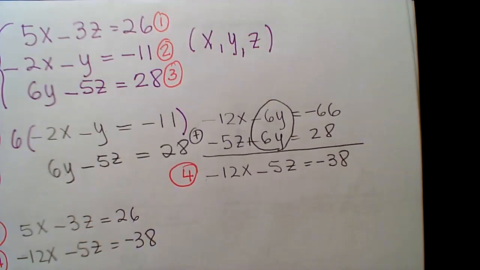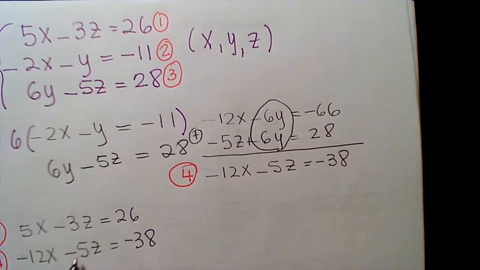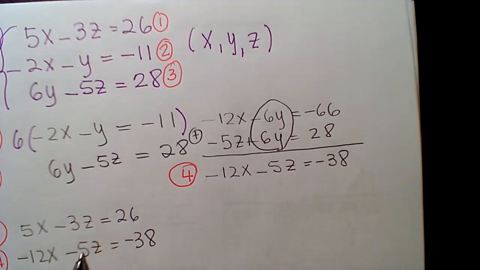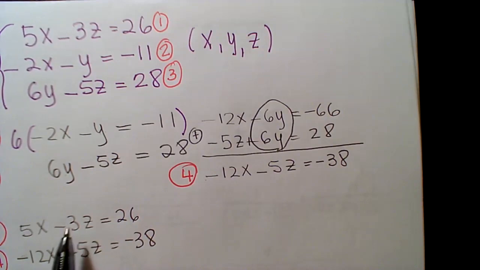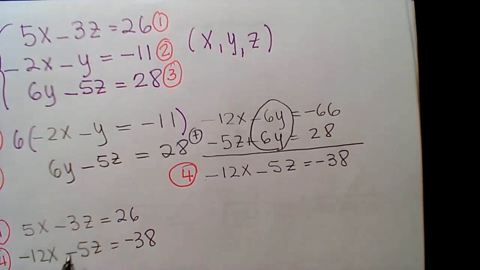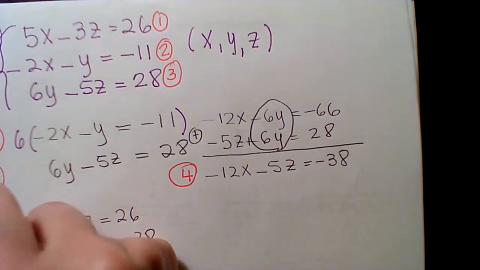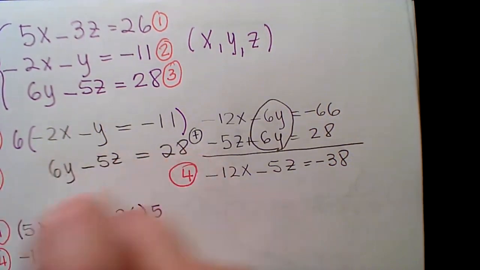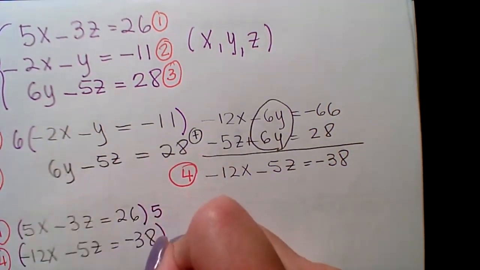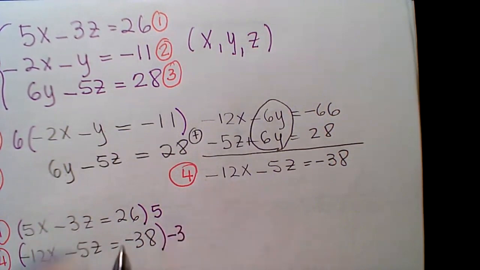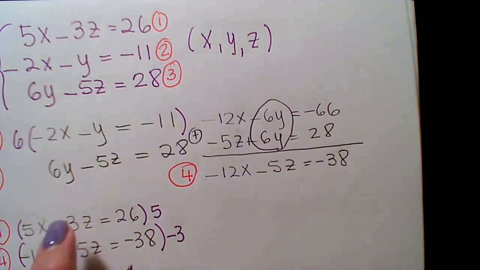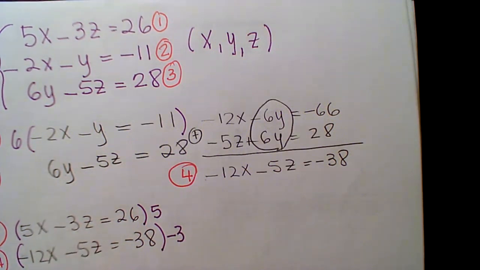So I'm going to have to multiply both of them. I will multiply this one by 5, and this one by negative 3. That way I can eliminate, it's going to get a positive 15 and a negative 15.